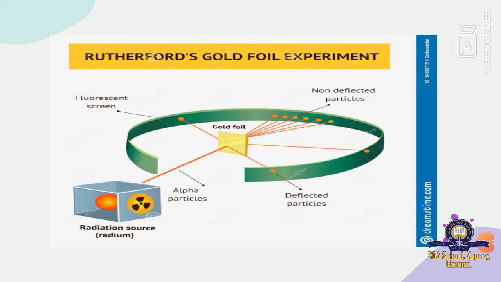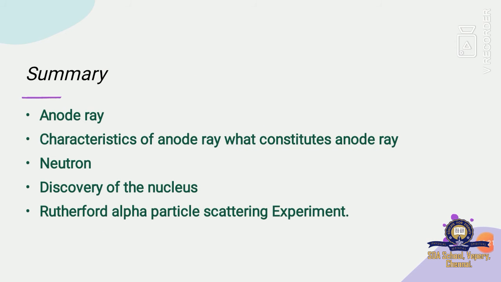And this charged body is called nucleus, and the mass of atom is concentrated in nucleus. And we know that electron will revolve around the nucleus at large distance from it. So these are his observations.